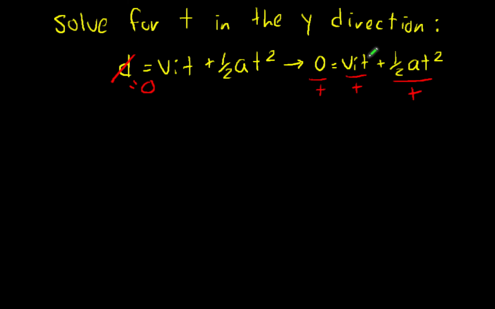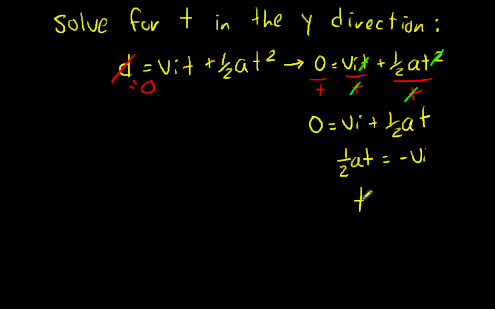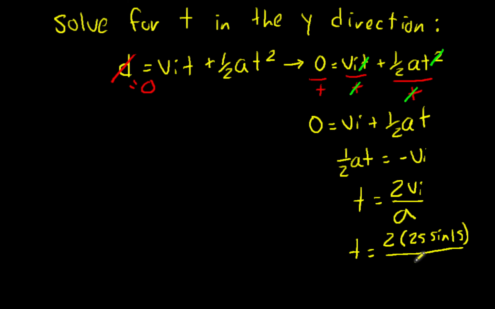T cancels out of the vit term entirely, and the squared goes away from the 1/2 at squared. This leaves us with 0 equals vi plus 1/2 at. Rearranging that, we can get 1/2 at equals negative vi, which gives us t equals 2vi over a, which is 2 times 25 sine 15 divided by 9.81.